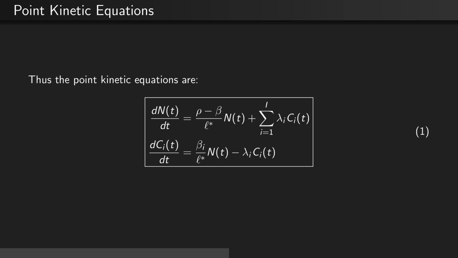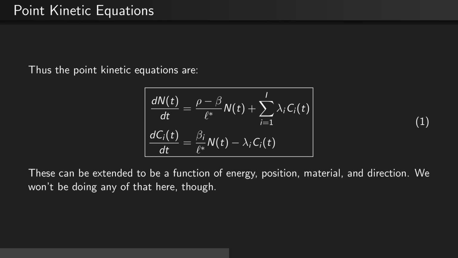The time derivative of the concentration of delayed neutrons, d C i of t dt, is equal to the delayed neutron fraction for the ith group divided by the mean neutron generation time times the neutron number density, minus lambda i C i of t. In general, these equations can be extended to be a function of energy, position, material, and direction. However, we won't be doing any of that here.